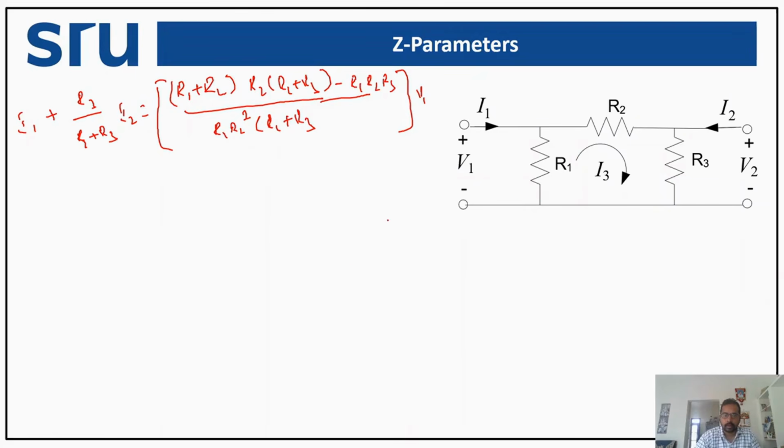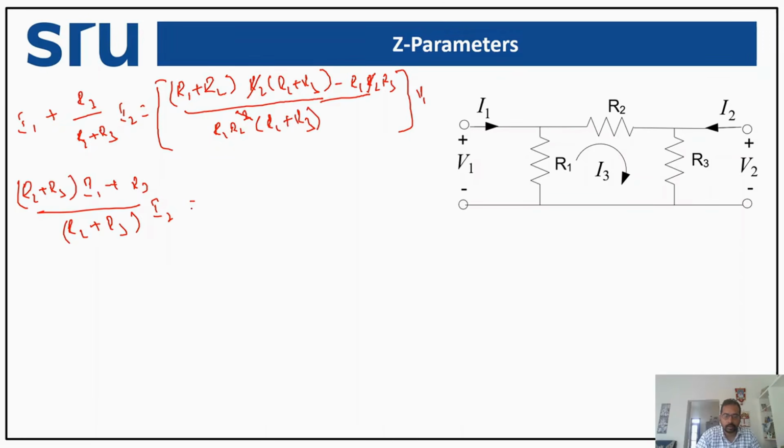Now try to see that R2 is common here and try to eliminate this R2. So we are going to have R2 eliminated over here, and we can rearrange this equation. R2 plus R3 into I1 plus R3 divided by R2 plus R3 into I2. Why are we trying to do this? We are trying to eliminate this R2 plus R3 here.